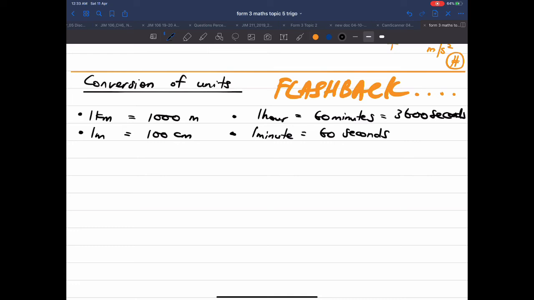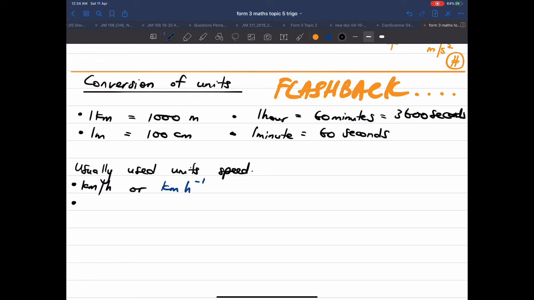So the units of speed that are usually used are kilometer per hour, or kilometer hour negative 1, where you bring up the hour.